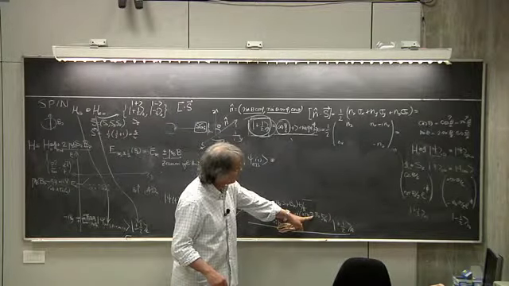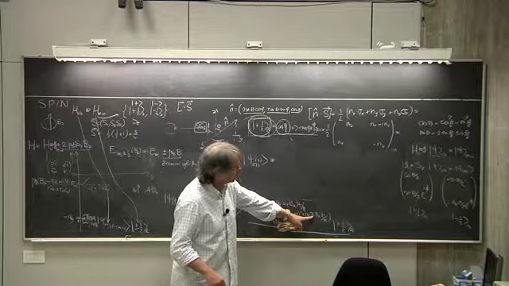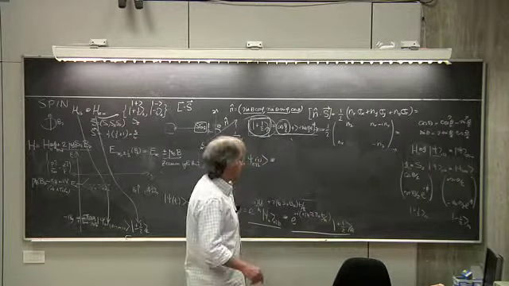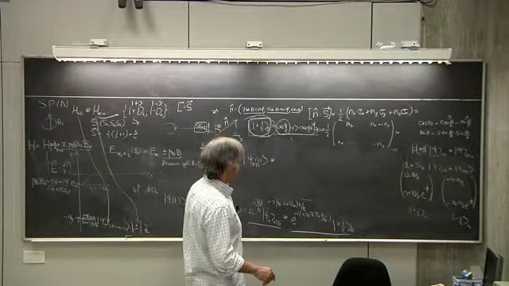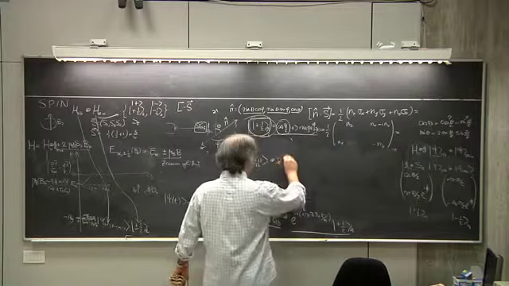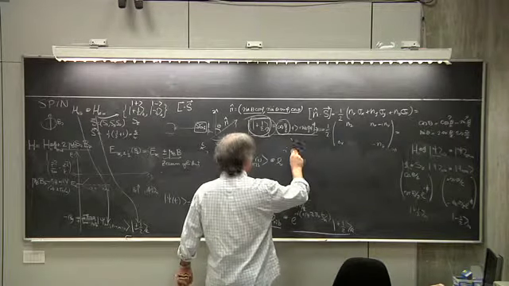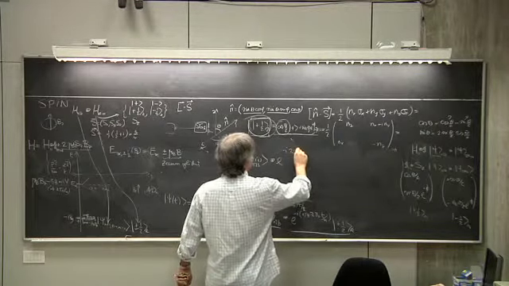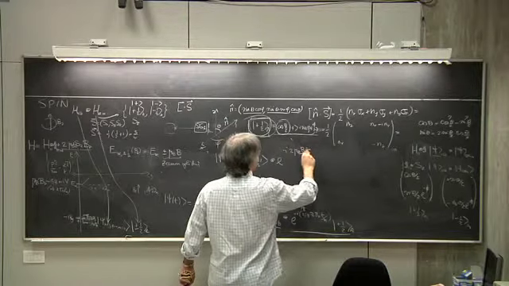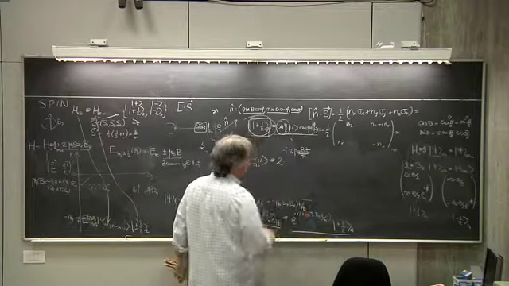Now, Sz, when acting on a certain state, is just essentially, well, let's see. This is e to the minus i 2 mu b Bz t over h bar. These are all constant.